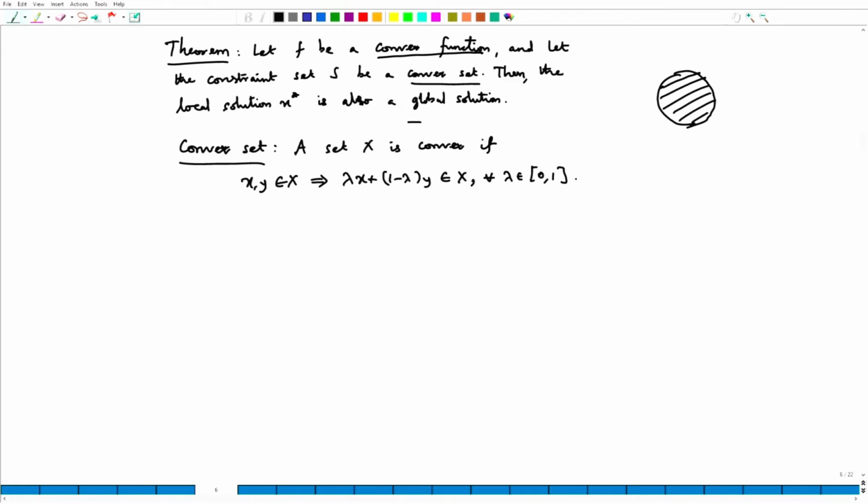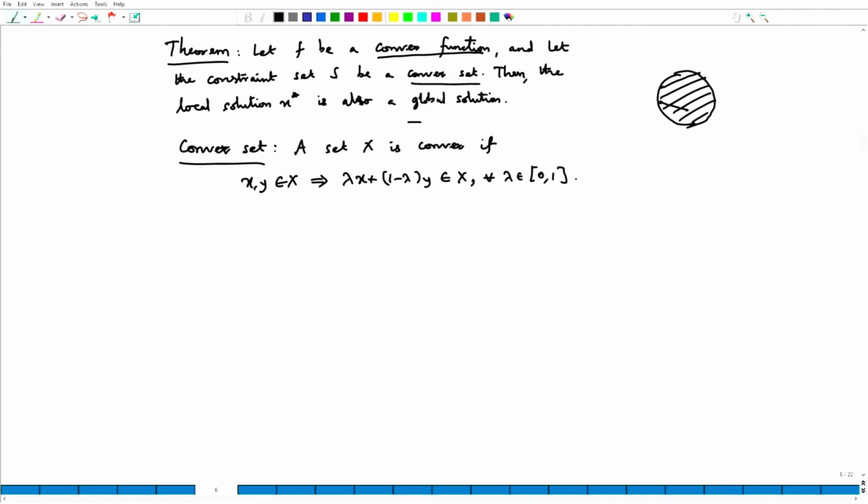Take any 2 points on this set, say for example this point and this point, and draw a line in between them. So, all points on this line segment are within the set. So, this set is actually a convex set, and that is exactly what this definition says.